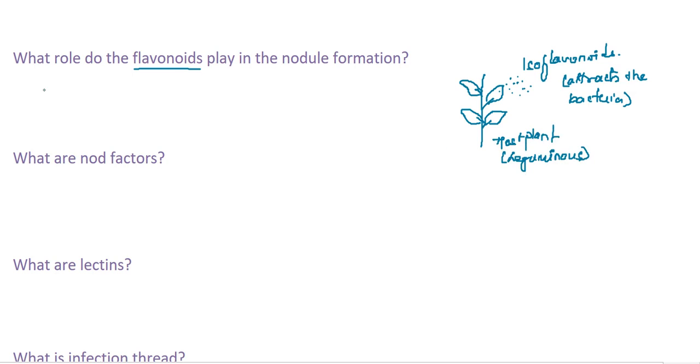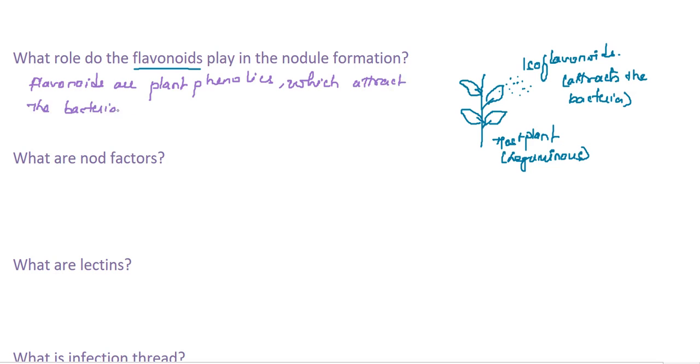Okay, so I write here that isoflavonoids or flavonoids are plant phenolics, and they stimulate, which first attract the bacteria towards the host plant.